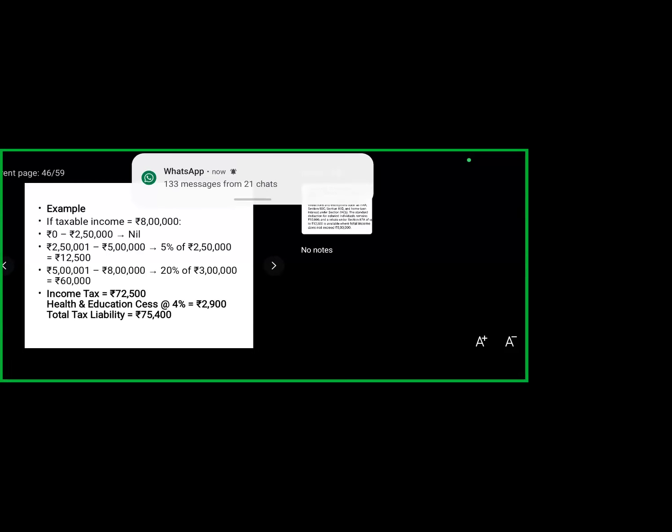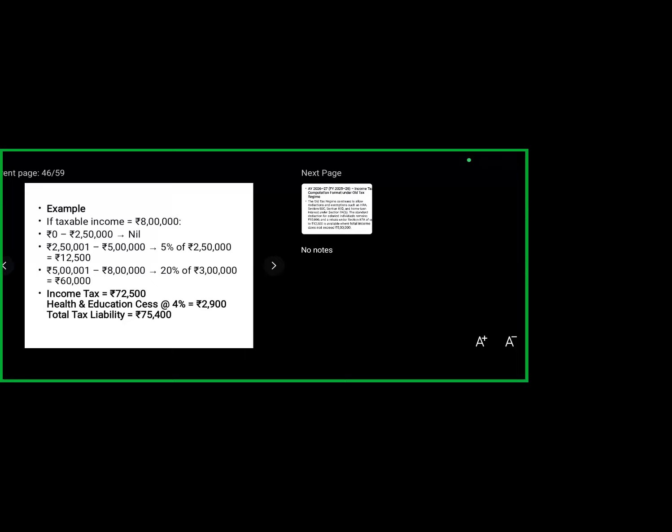On this 2.5 lakhs, you are supposed to calculate the income tax at the rate of 5%. It will be 12,500. Now 5 lakhs to 8 lakhs is at the rate of 20%. 8 minus 5 comes to 3 lakhs. 20% of 3 lakhs comes to 60,000.